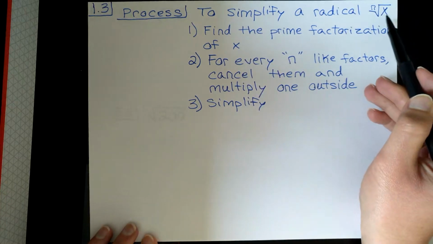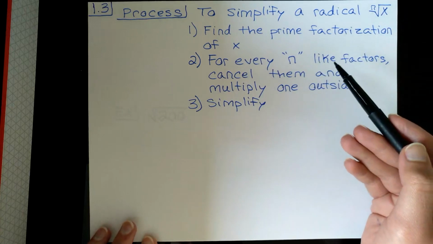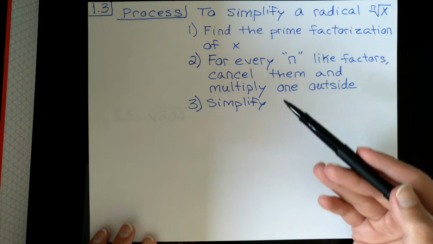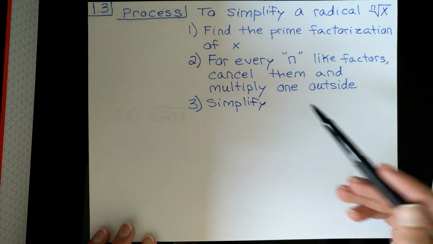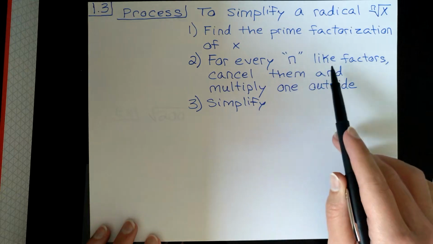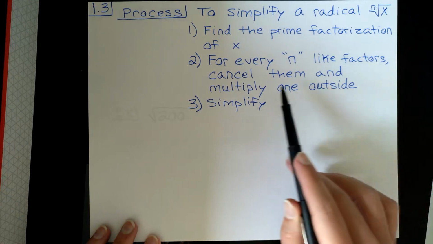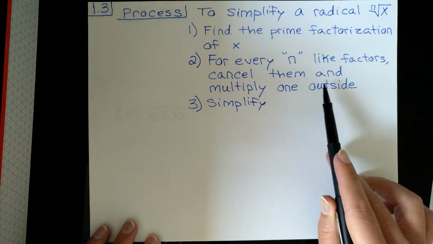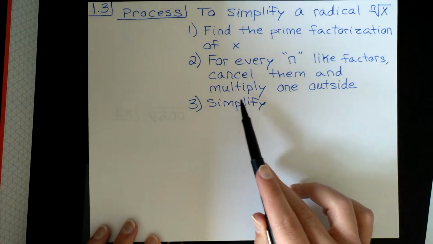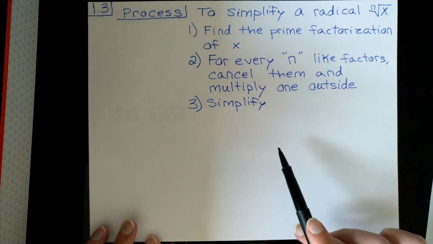So we're going to break up x into all of its prime factors. Prime factors are numbers that can only be divided by 1 and themselves. And once we do that, for every n like factors, we are going to cancel them out inside of the root, or the radical, and multiply one of them to the outside.